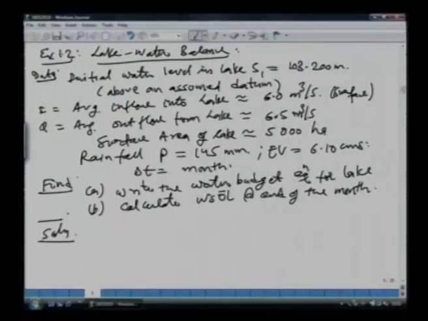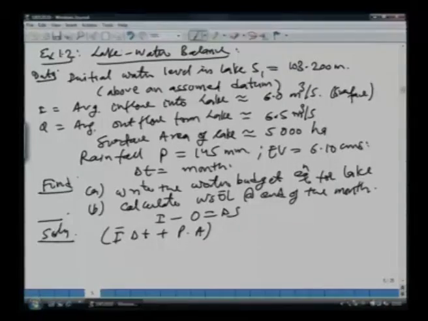So, if we write the water budget equation, this is the general continuity equation, or we can write I bar delta T plus P times A. Here I bar is the average rate of inflow into the lake, and we multiply this by delta T because the equation has to be dimensionally homogeneous.